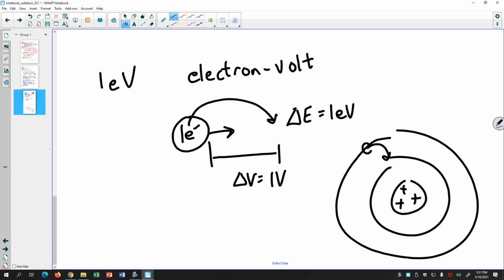One is that an electron volt is the energy change in an electron that moves across a potential difference of 1 volt. So you'll see electron and you'll see volt. Those are key words. And the second thing is that energy is often associated with electrons changing energy states. So that's another key word, energy states. And that's why we use it, because it's a convenient unit.